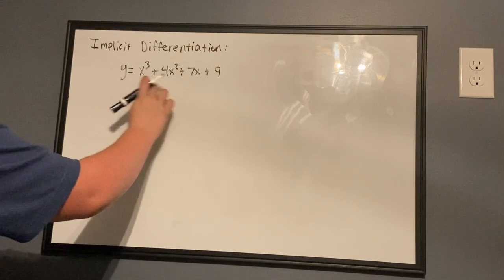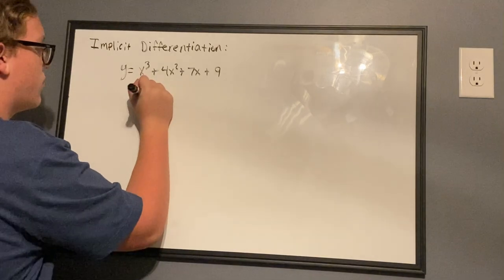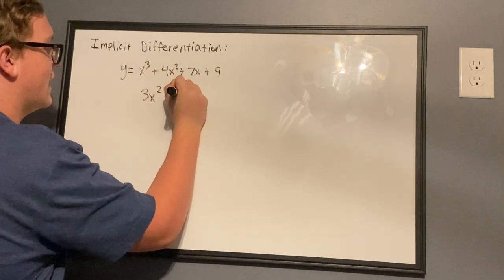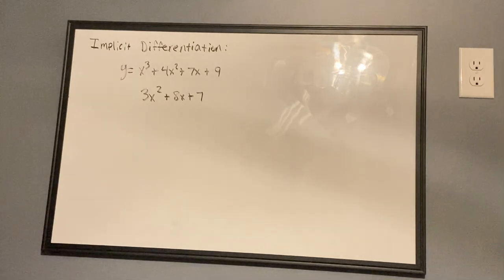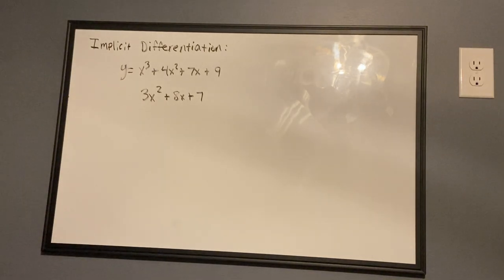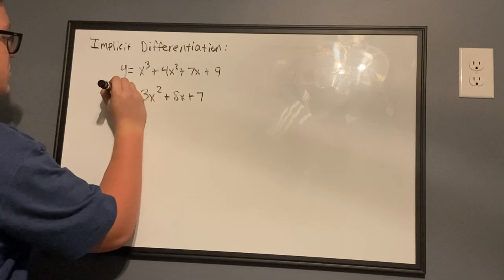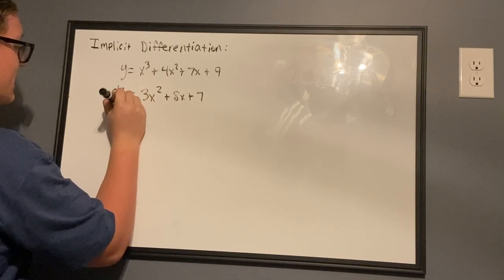We would just take the derivative of all these x terms. This would be 3x squared plus 8x plus 7. That would be our derivative. And when we would box it, we'd be perfectly fine. But now we know that we're really taking the derivative of both sides. So we're taking the derivative of this y, we're just not showing it. So the derivative of y, we remember, is just 1 times dy dx, or it's just dy dx.